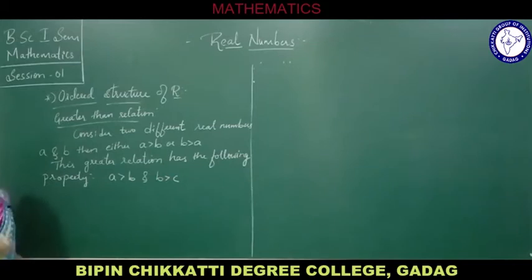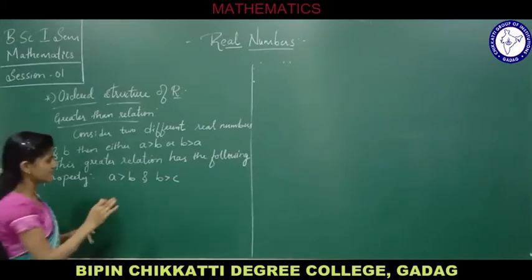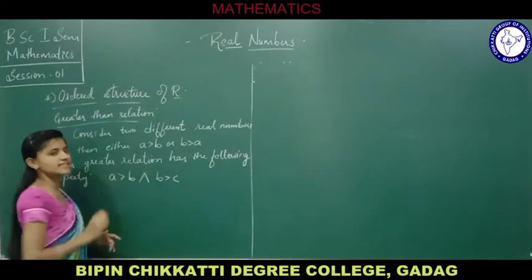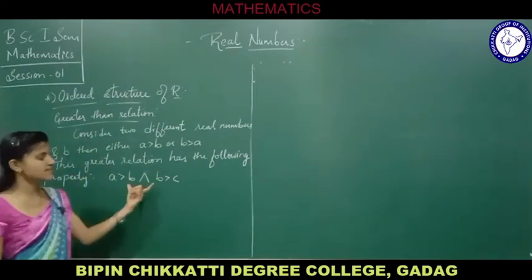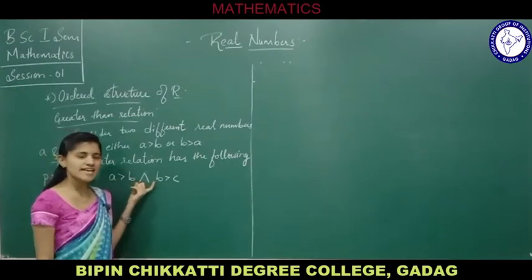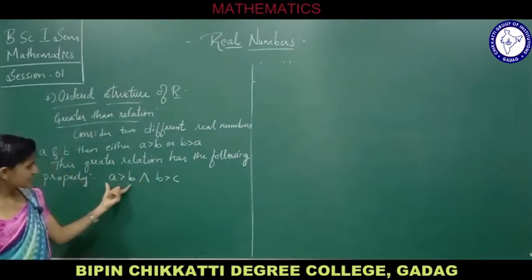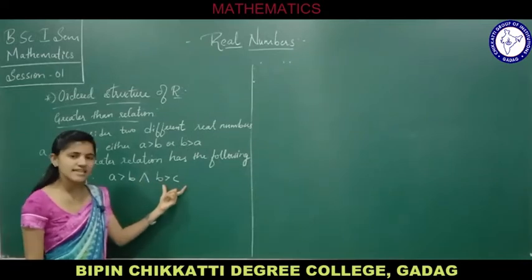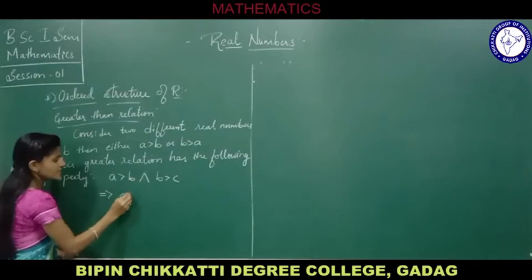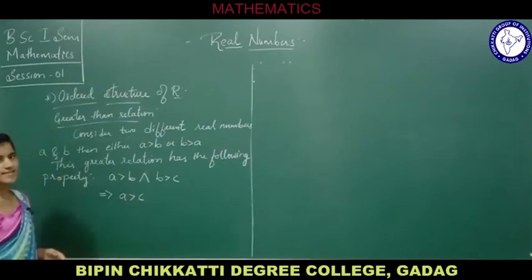In some books, instead of writing "and", you will see a sign which is nothing but "and"; we read it as and. So a is greater than b and b is greater than c implies a is greater than c.